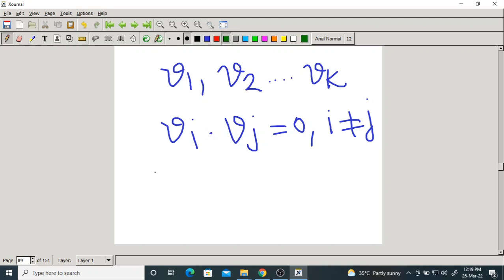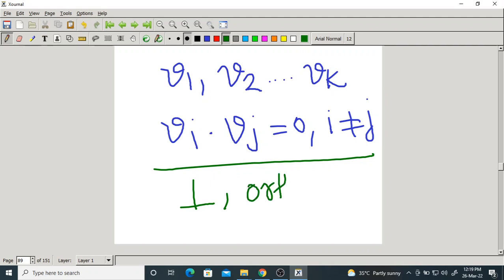So this is the condition for perpendicular or orthogonal. Each and every vector is perpendicular to the other vectors in the set. The dot product of any two different vectors has to be 0. Then we say that they are orthogonal to each other.